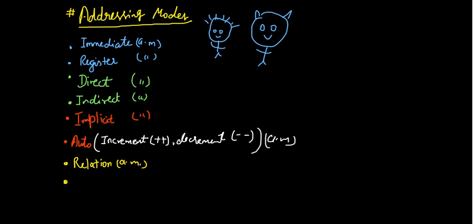But a few more, my dear friend, a few more. Then you will feel why I said that I will feel like a devil to you. You will understand that. Well, relative addressing mode. After that, we have indexed addressing mode.